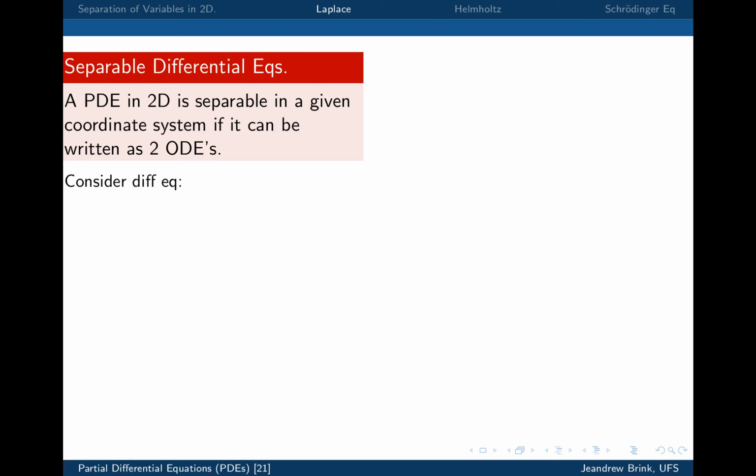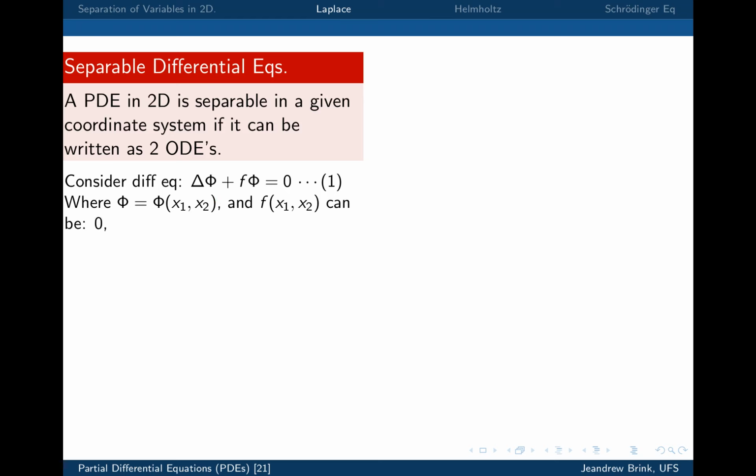So let us consider this differential equation, the first one. This includes the class of all the equations that we derived on the previous slide, where phi is a function of two variables, and f is a function of two variables.